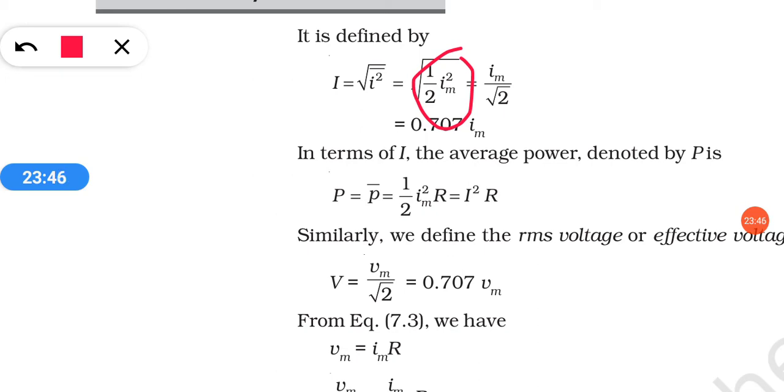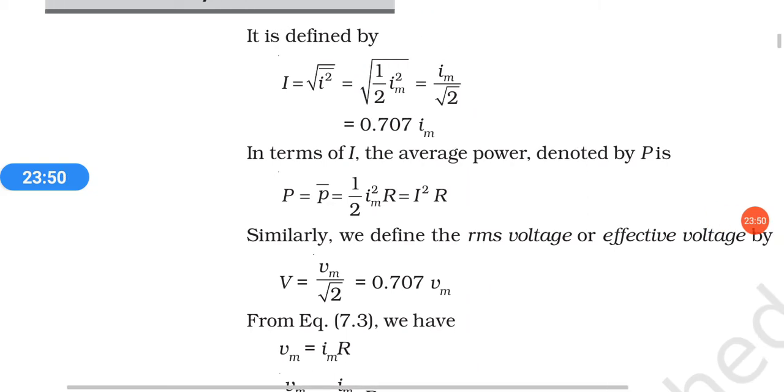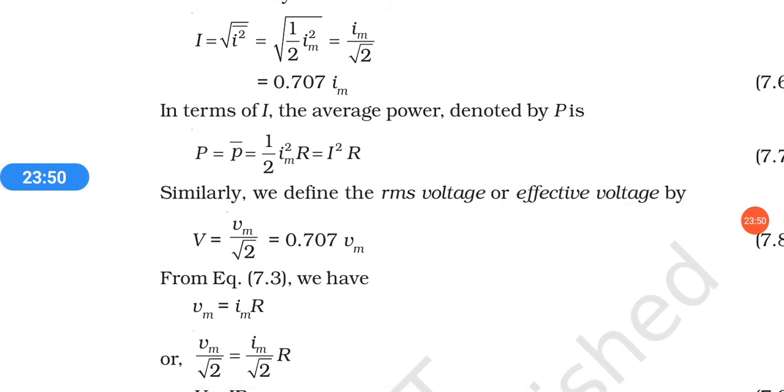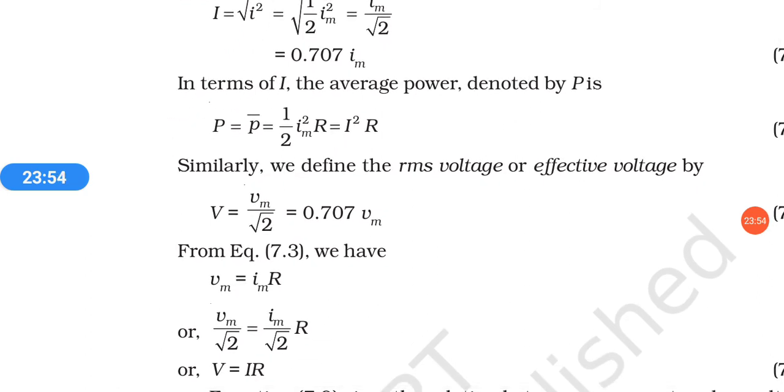Similarly, we define the RMS voltage or effective voltage, which we can also derive from the voltage. V is equal to Vm upon root 2, which is 0.707 Vm.